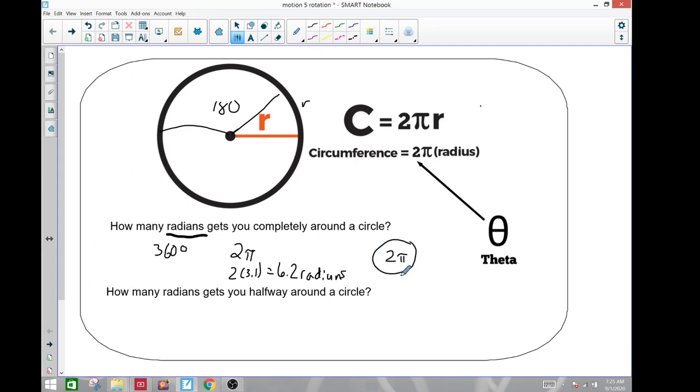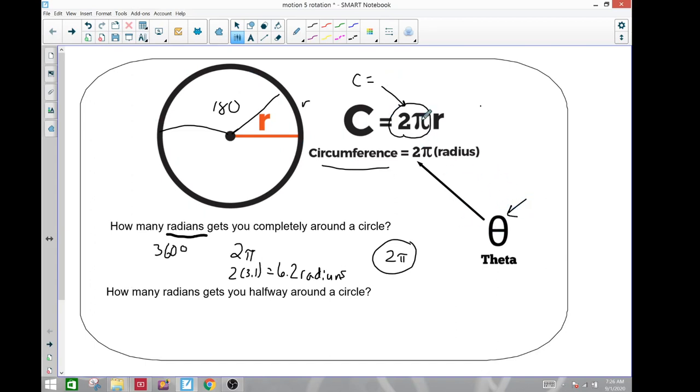Now, most students, if you give them a second or two, or give them a phone and internet, would be able to come up with the fact that the circumference of a circle is equal to 2 pi times the radius. So often we use this formula, but instead of 2 pi, which is the radians around the circle, we often use the symbol theta to represent that as well.